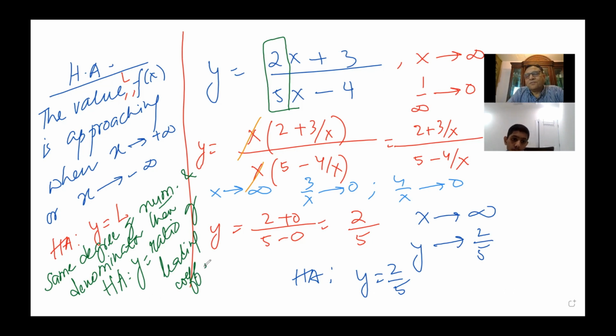Is that clear to you? So 2 is the coefficient of x, 5. Both are degree 1. So it's the ratio 2/5. So easily we can find if we have this, correct?